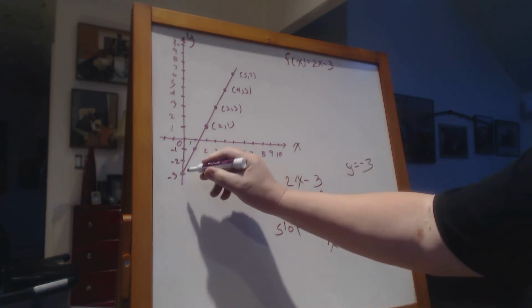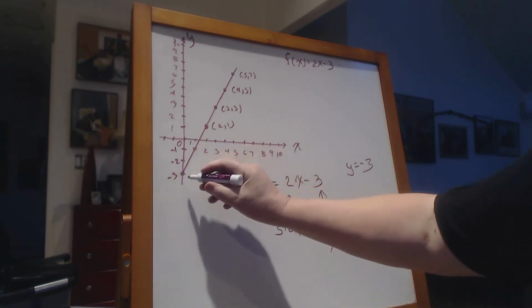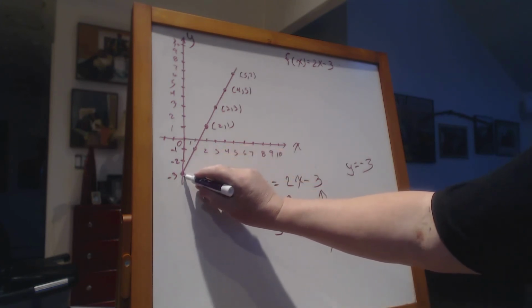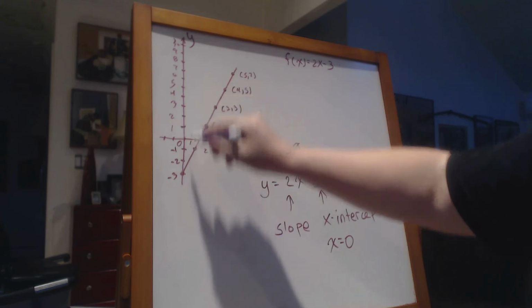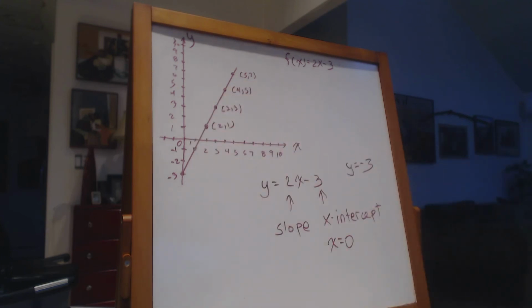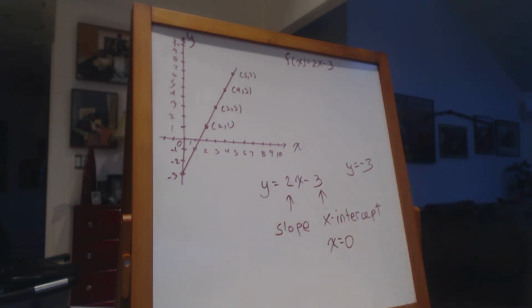So that's down here, that's our intercept. And you can see that this is where the line crosses the y-axis. And we call this the slope. 2 is the slope.